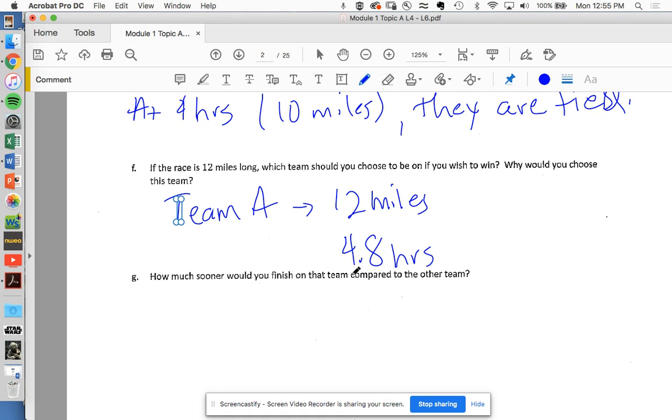We can figure out it's 4.8. Don't worry about that, I'll just tell you right there. But Team B, how long did it take them to go 12 miles, according to your table? 12 miles, 5 hours. So 5 hours. So which one would you rather be on? Well, I'd rather be on this one because I got done sooner.